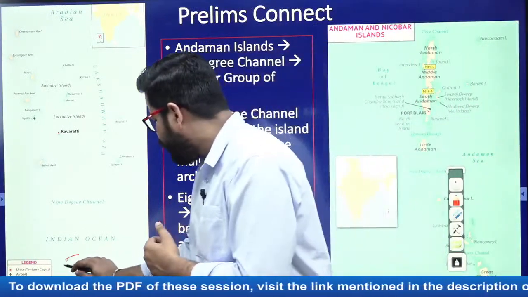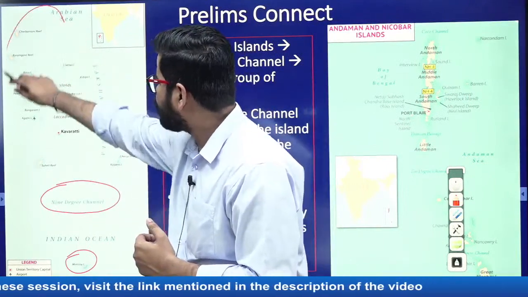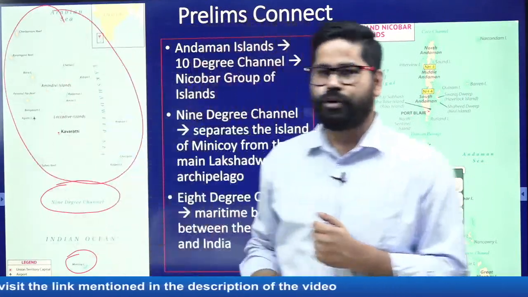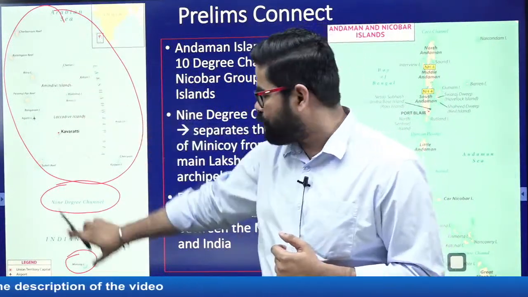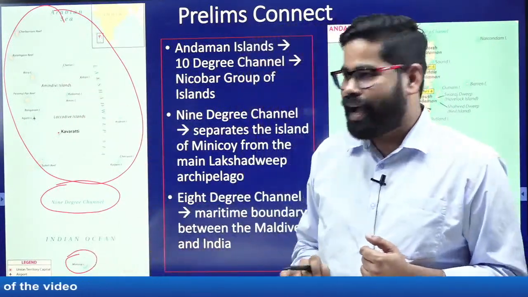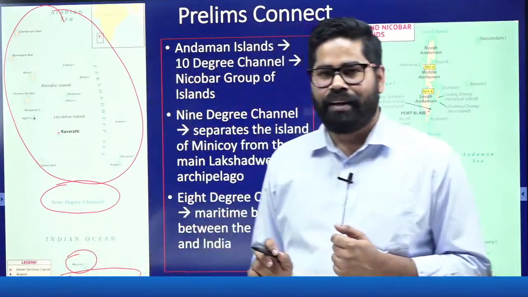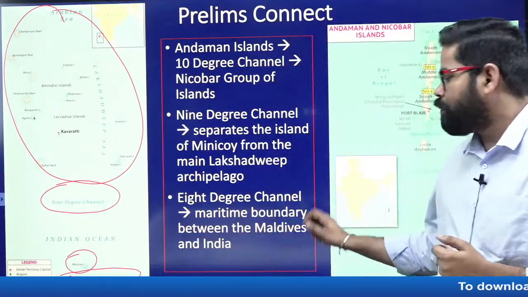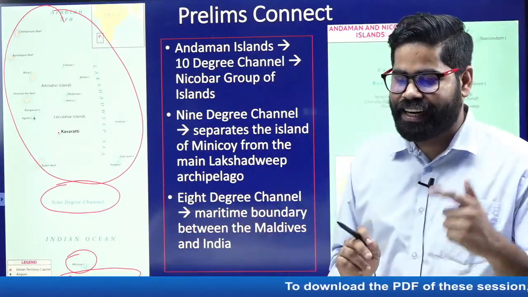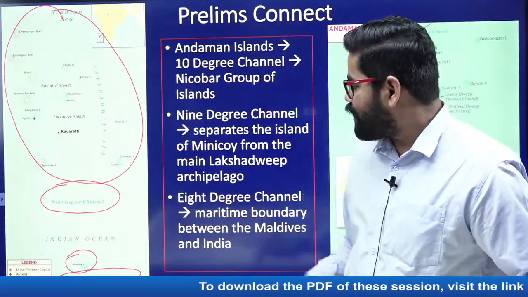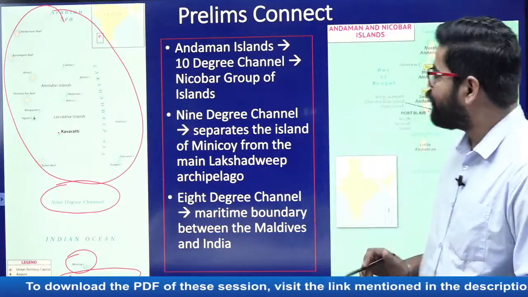So this 9-degree channel is separating the main island groups of Lakshadweep from the Minicoy island. And then after Minicoy, we are having the 8-degree channel, which separates it from the Maldives. So three important channels are there: 8-degree, 9-degree and 10-degree. And this is something which you should know. I hope it is clear.